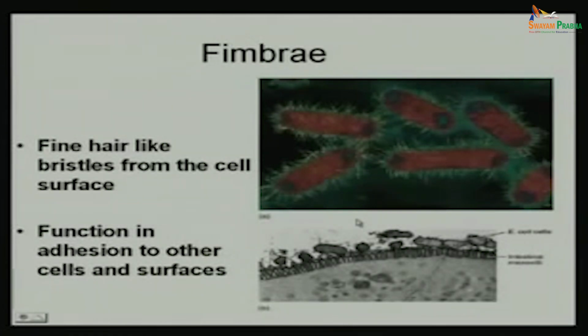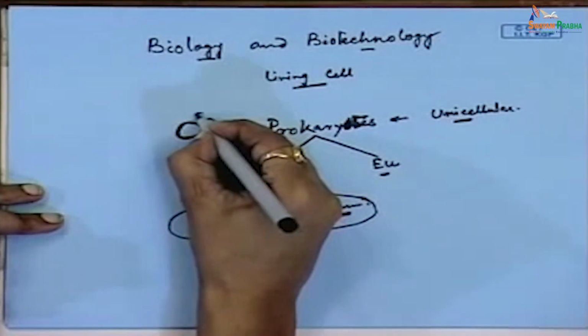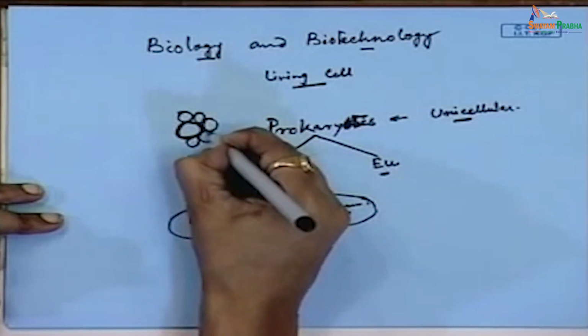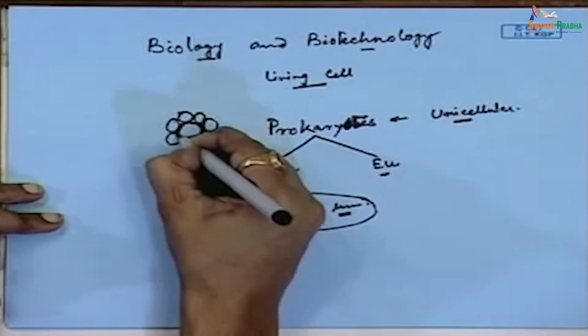That means, with this hair-like structure, one cell gets associated with another cell, and in this way they can form a colony-like structure.